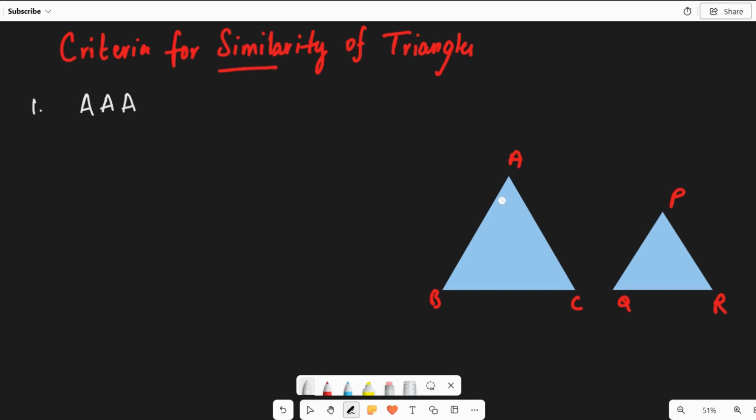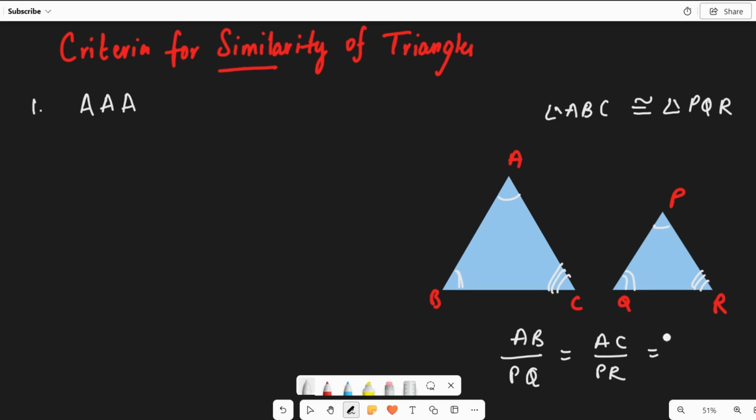That is, if all the corresponding angles of one triangle are equal to the corresponding angles of the other triangle, then triangle ABC is said to be similar to triangle PQR, and hence the sides will also be in the same proportion, that is AB by PQ will be equal to AC by PR, which will be equal to BC by QR.